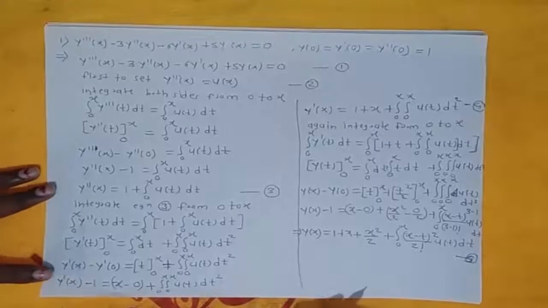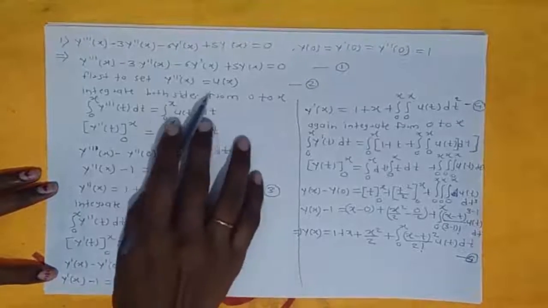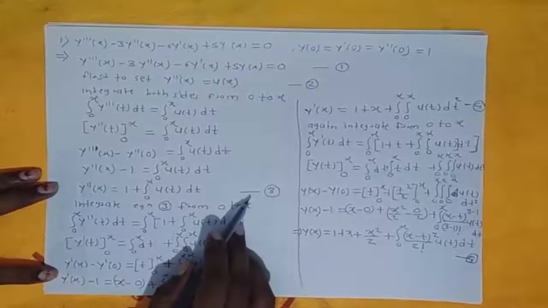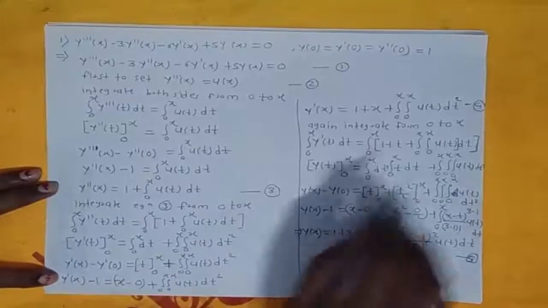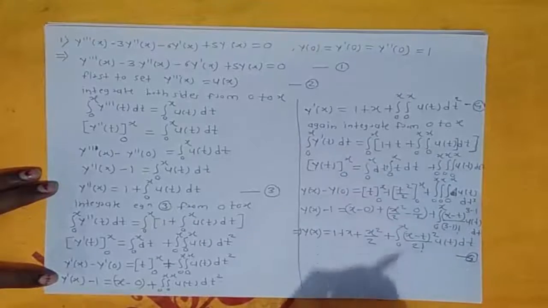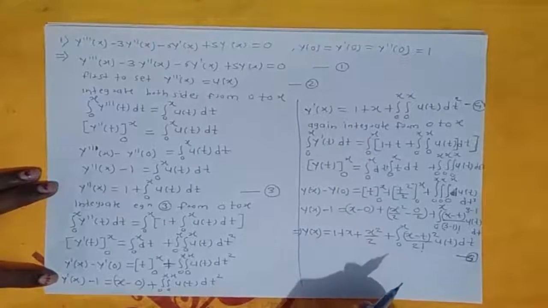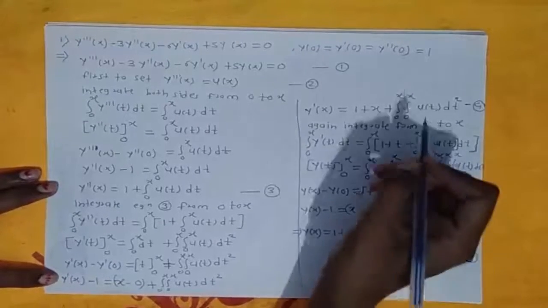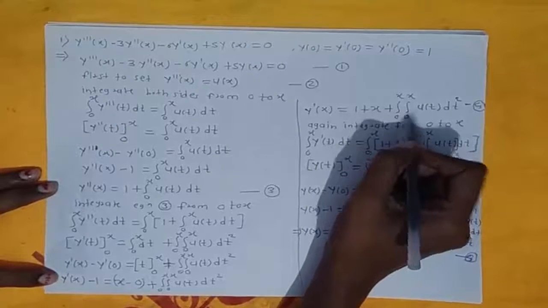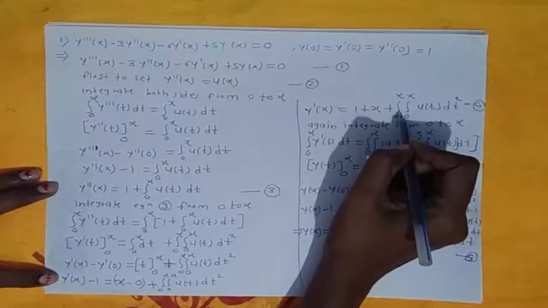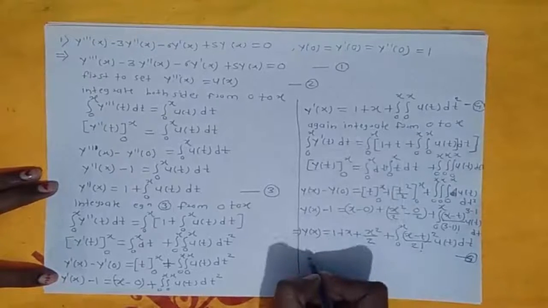Here we get all the values, that is y triple dash of x, then y double dash of x from equation 3, and from equation 4 y dash of x. Before that we have to again use the conversion formula for this equation number 4 for converting this double integral to a single integral.